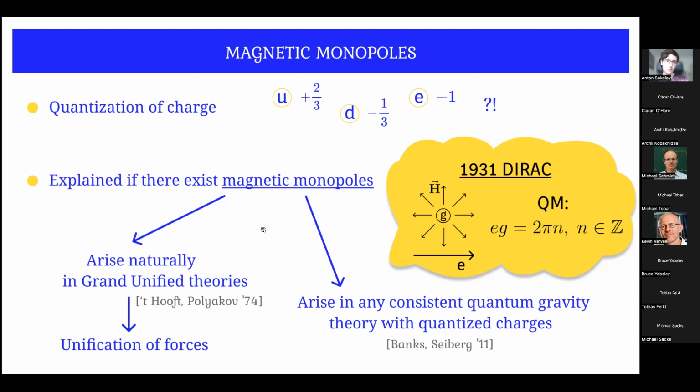Magnetic monopoles also arise naturally in grand unified theories, and even more interestingly, in any consistent quantum gravity theory with quantized charges. This was explained nicely by Banks and Seiberg.